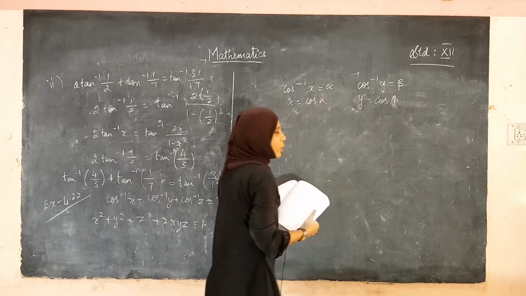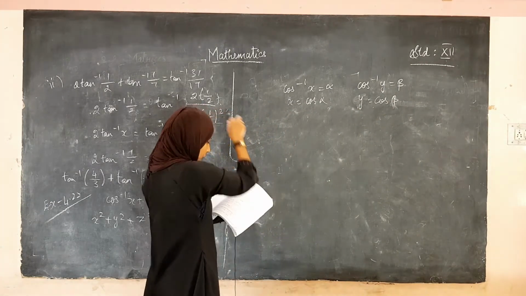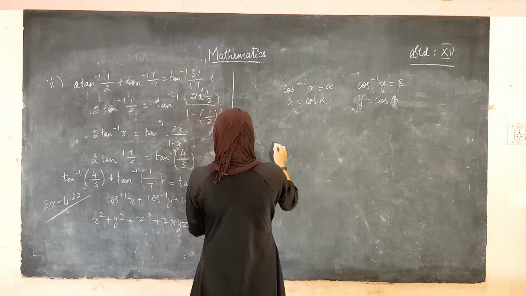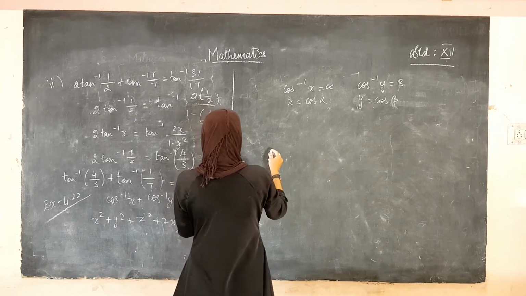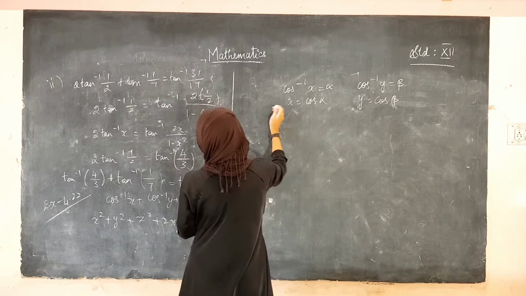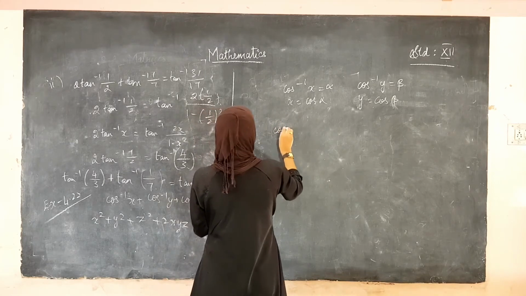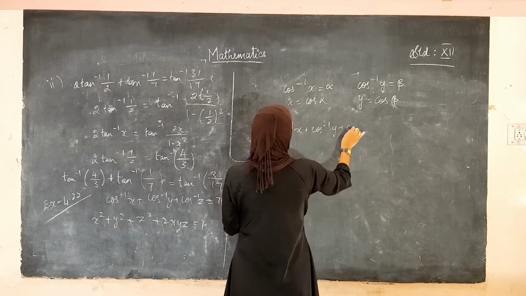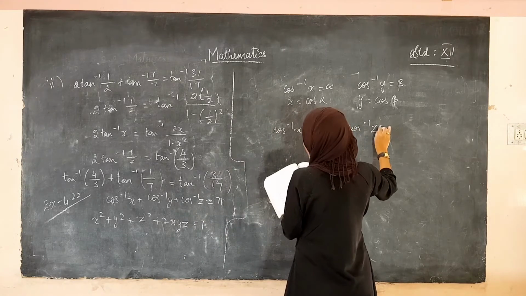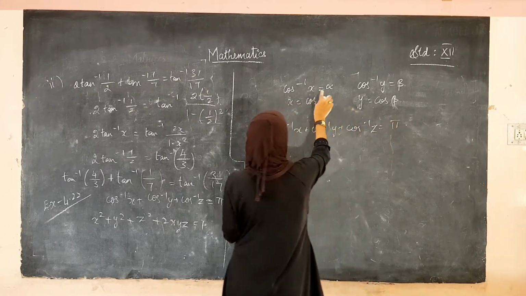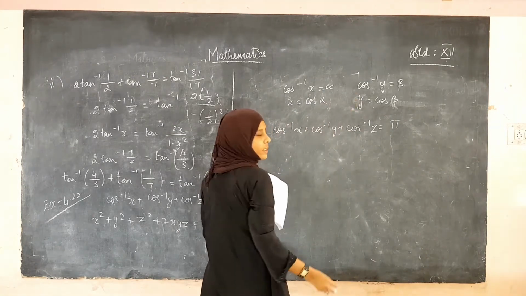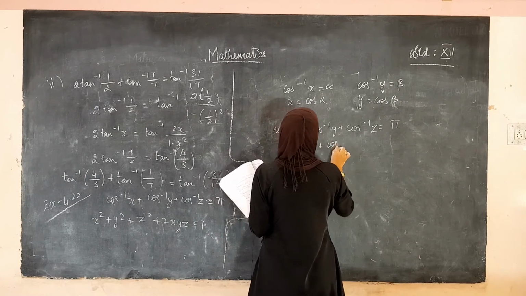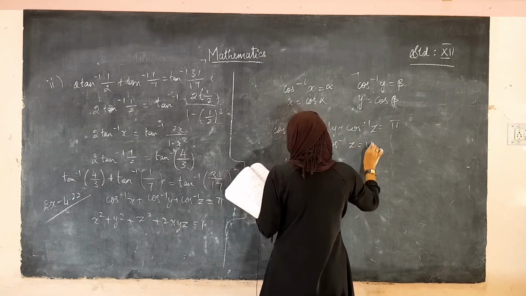For this we are taking some identities. From the question, cos inverse of x plus cos inverse of y plus cos inverse of z is equal to pi. Instead of cos inverse of x and cos inverse of y, we can substitute alpha and beta: alpha plus beta plus cos inverse of z is equal to pi.